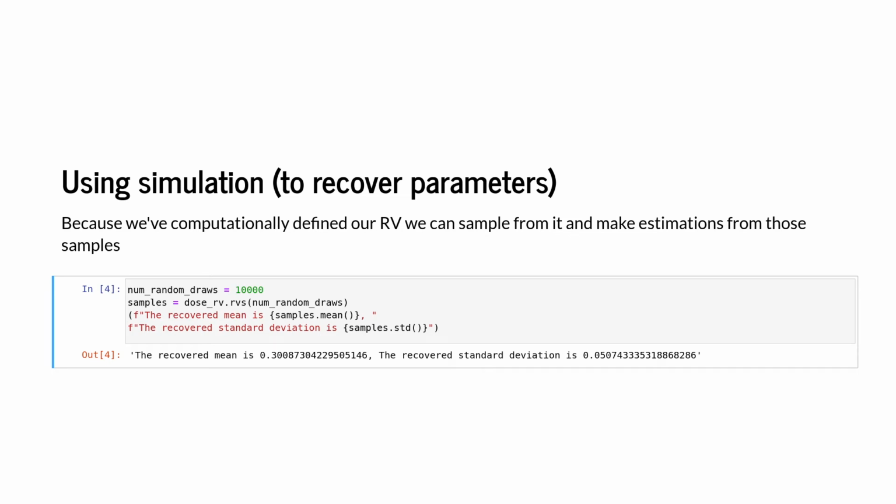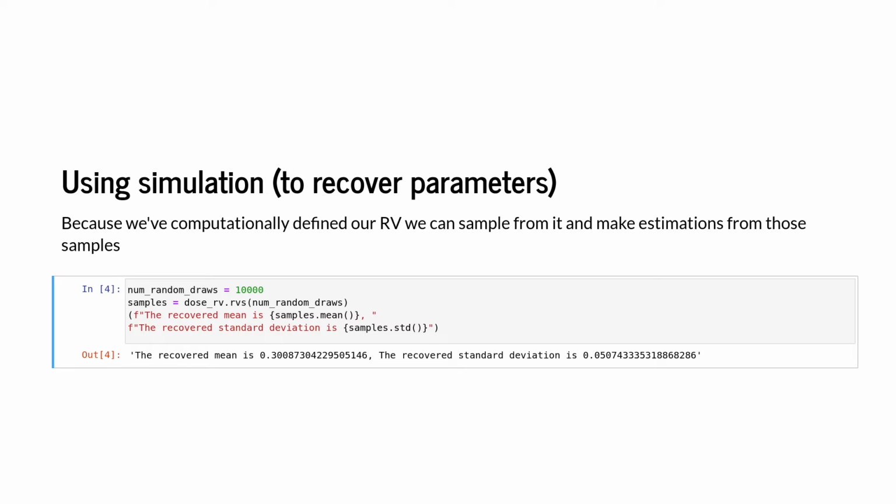Now, a great thing about computation and computational statistics is we can use the computer to help us learn things. So in this case, if we just had our random variable and we didn't know what the mean or the standard deviation was, let's say somebody just handed you 10,000 recordings of vaccine dosages, we can figure out what the mean and the standard deviation are.